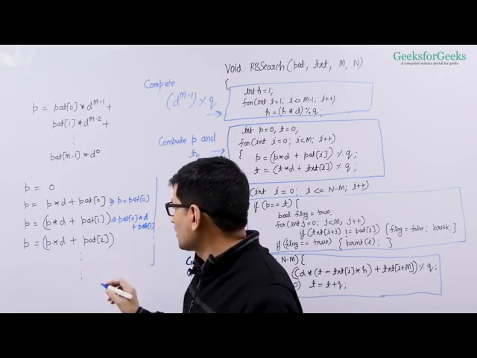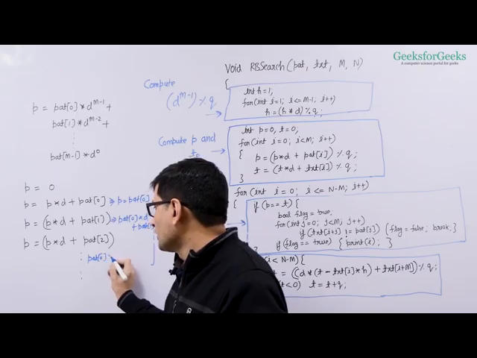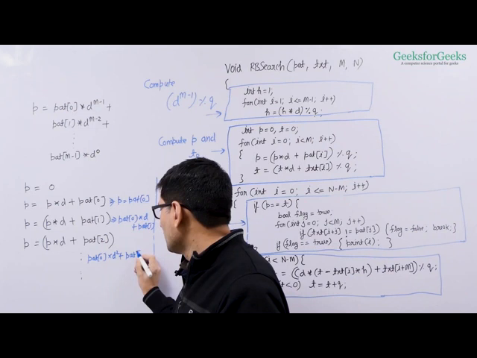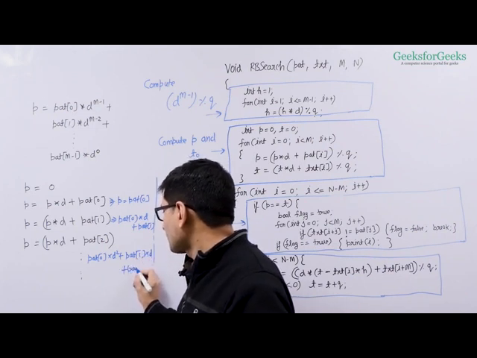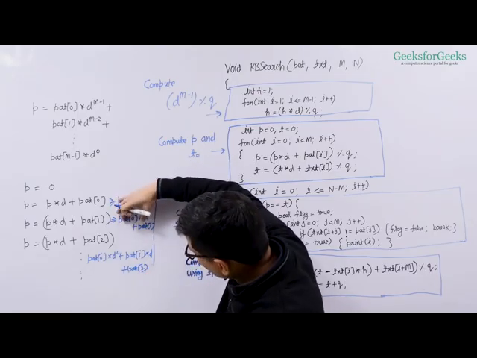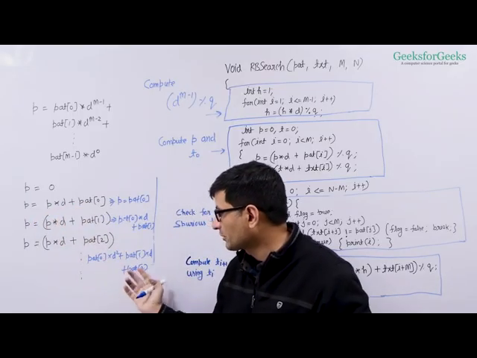And after this, you are going to have pattern 0 into d square plus pattern 1 into d plus pattern 2. Alright, I'm simply substituting this value here, multiplying it with d, and that's how I got this expression.